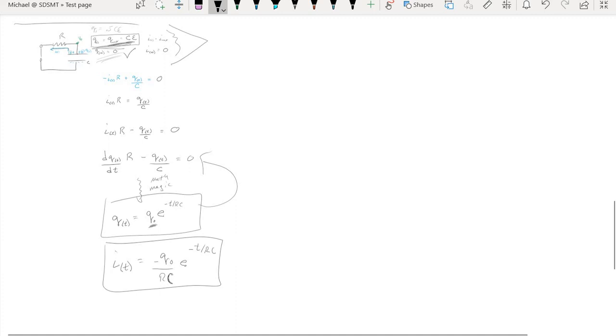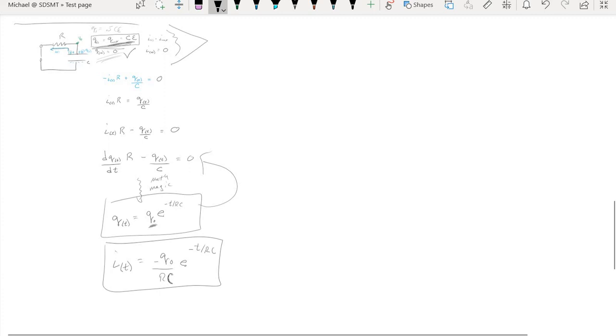When time is 0, e to the 0 is 1, and we just have our initial charge over RC. The initial charge will be the maximum charge that we will ever have for this capacitor, because as time goes on, that charge is going to nullify during the discharge.